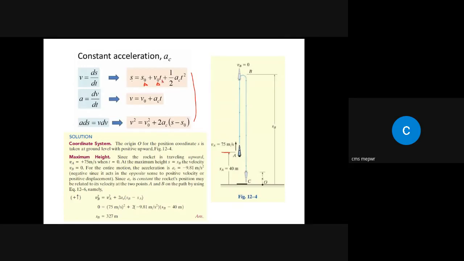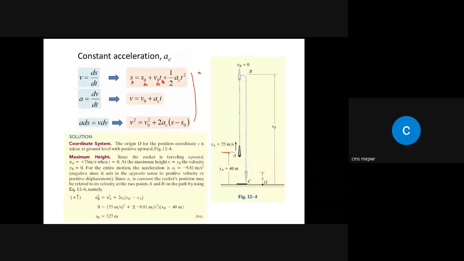Can we find out SB? This one will become TB. Sorry, we don't have TB, right? So we cannot use this equation. Do we have TB? No, time is not given, sir. Okay, so let's use another equation.